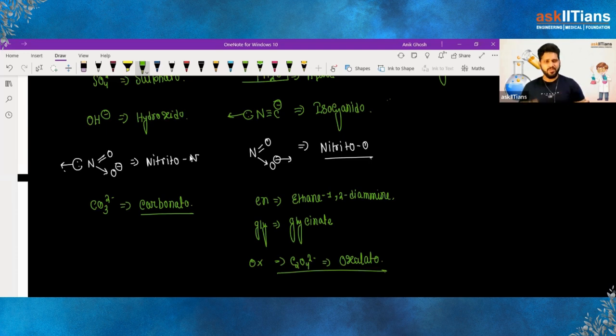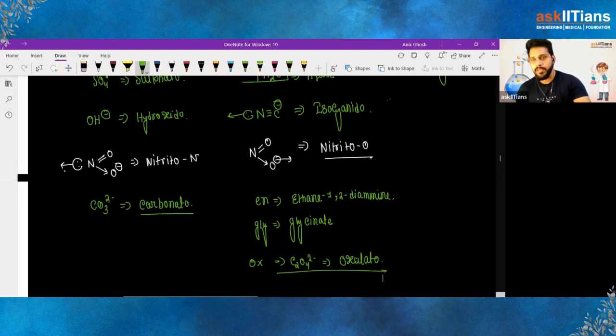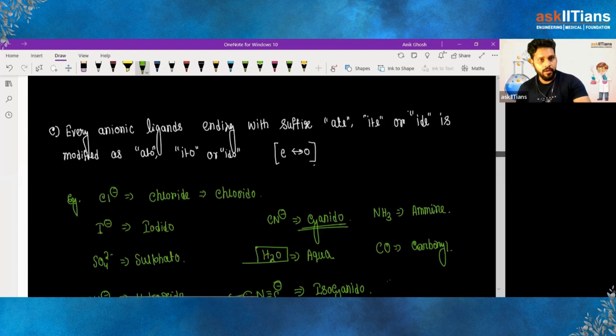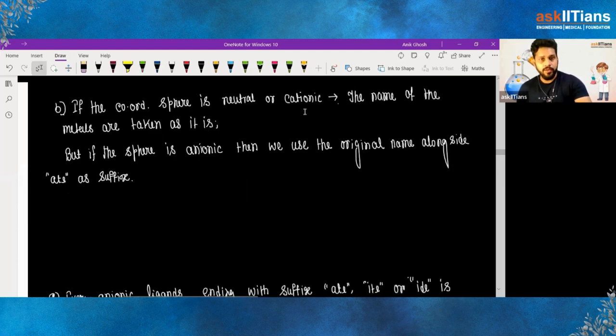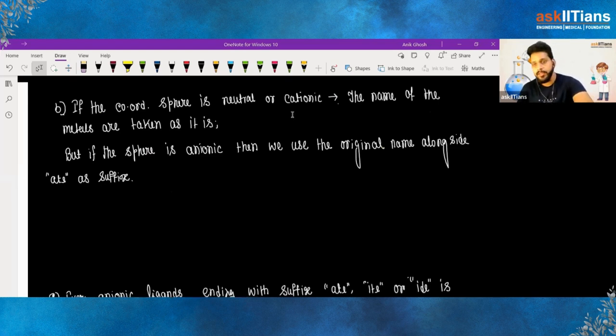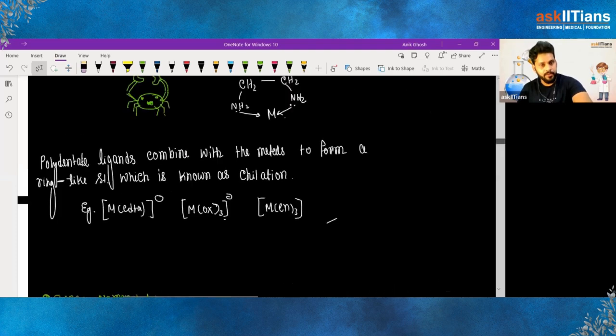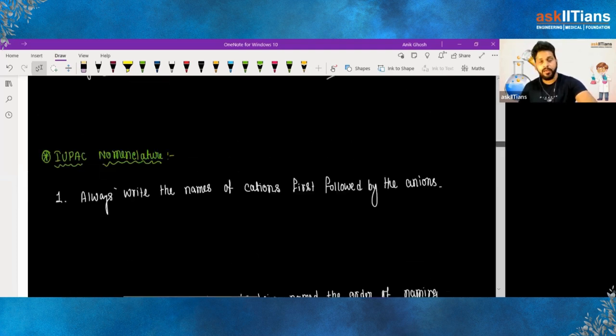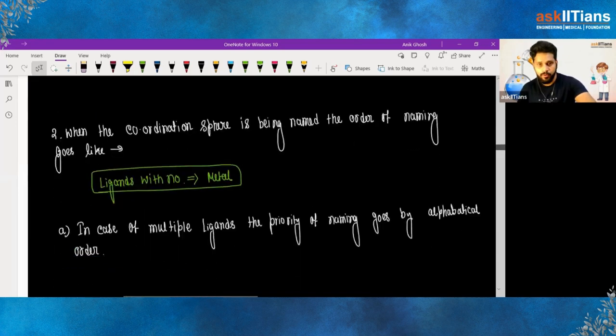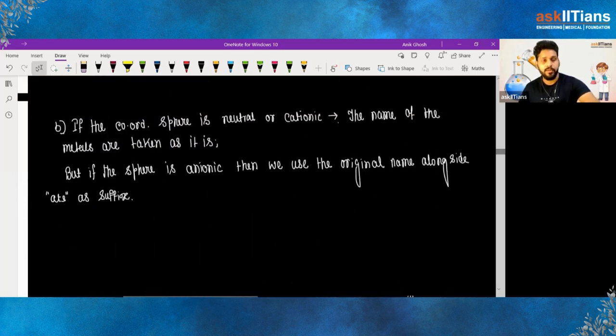Okay, let's just solve a few questions. If I see anything new coming in, then I'm going to mention that, right? Let's go for the other examples over here, guys, quickly. If a coordination sphere is neutral or cationic, the name of the metal is taken as it is.